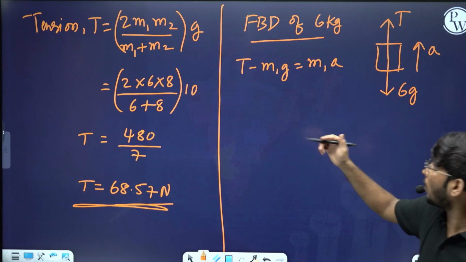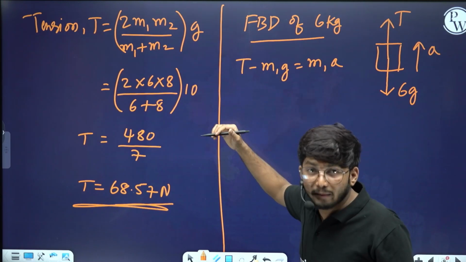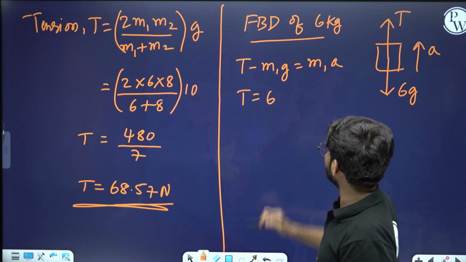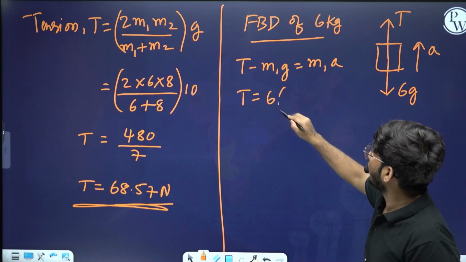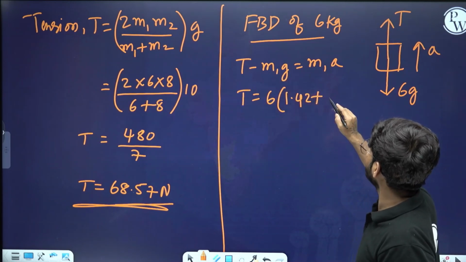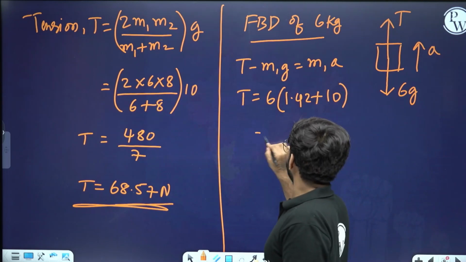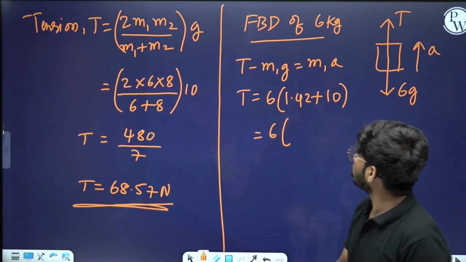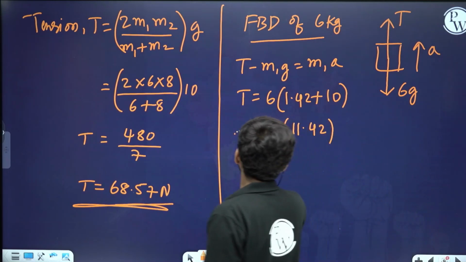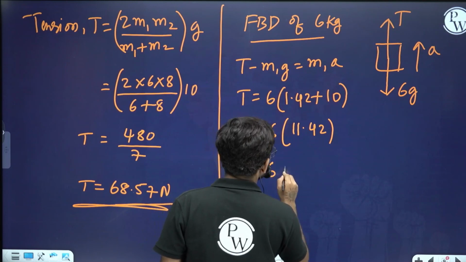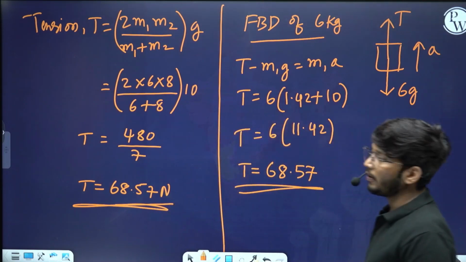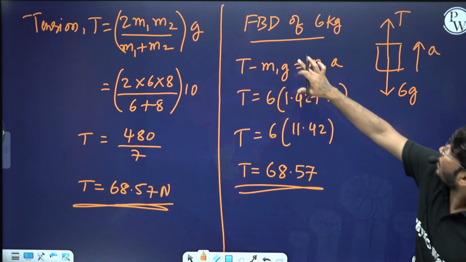Then only the block will go up. T is what I am calculating. T is equal to m1, which is 6, times A, which we calculated as 1.42, plus G, which is 10. So if you calculate 6 into 11.42, T is going to be 68.57.